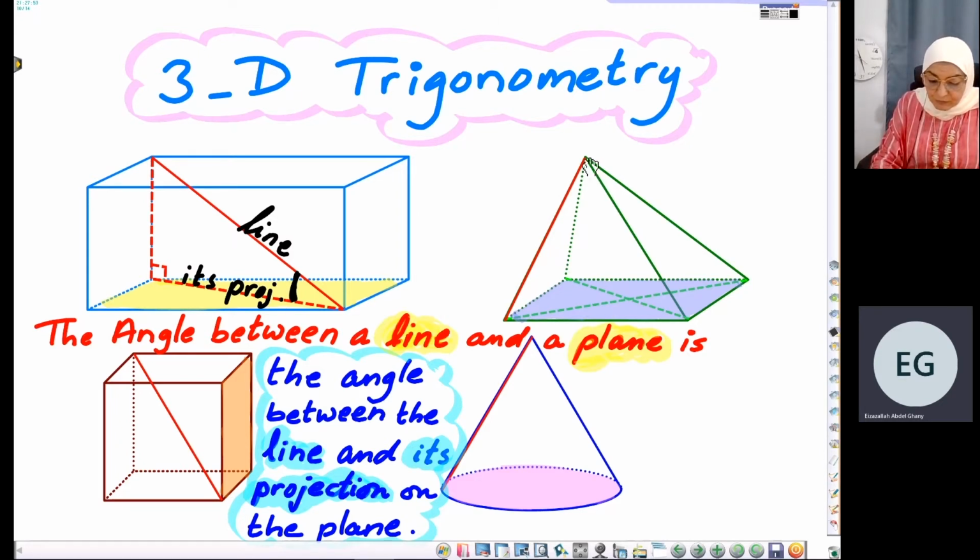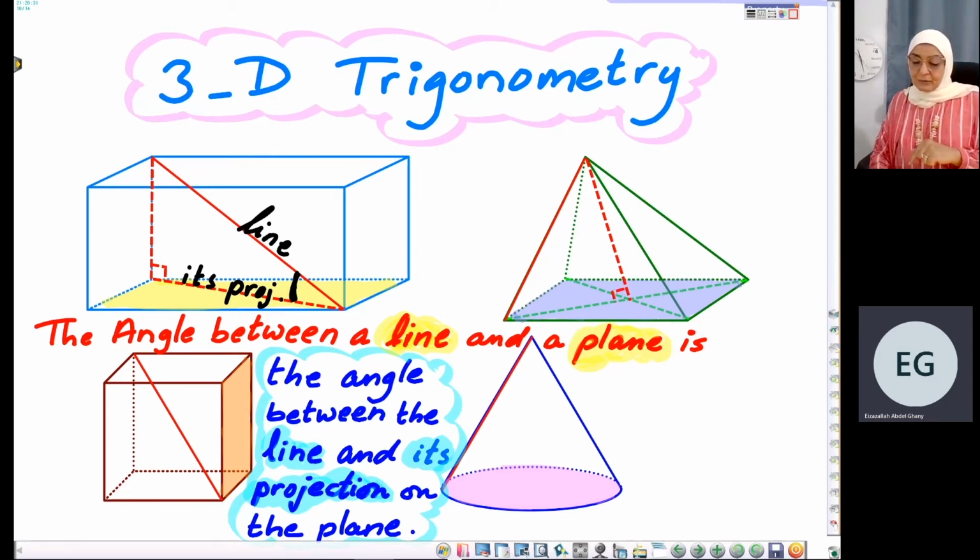We drop a perpendicular from the top point to the center of the base. By the way, the base looks like a parallelogram, but it's a rectangle. And when we drop a perpendicular to the center of the base, you might think that this perpendicular is inclined. No, it's vertical. We call it the perpendicular height.